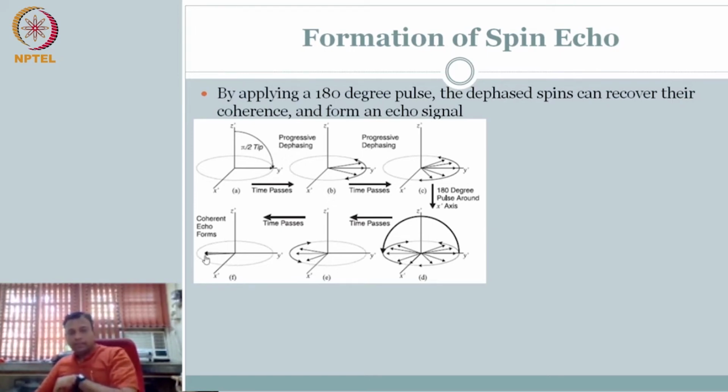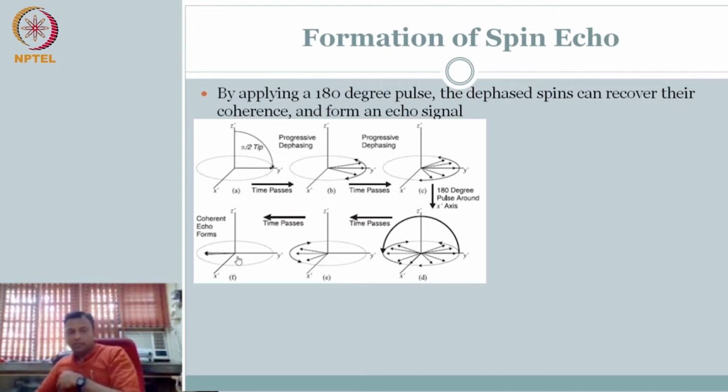Notice that the coherence here is not as good as the coherence here, right? Here you see it's a single arrow, which says that everything is coherent, whereas here it's almost coherent, but it is not a single line. It is all trying to achieve coherence. So signal is increasing, but it is not as great as this one. Also notice you started with this circle. This radius is your amplitude or magnitude. The radius is also reduced.